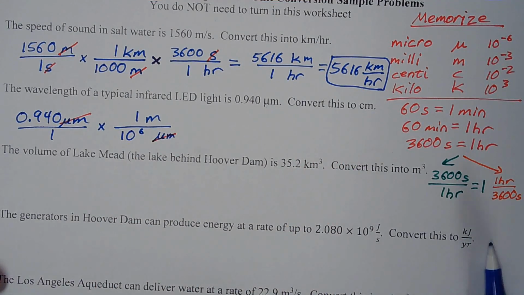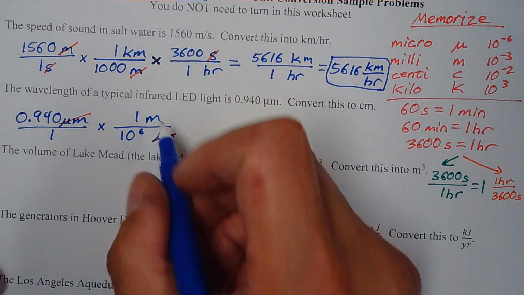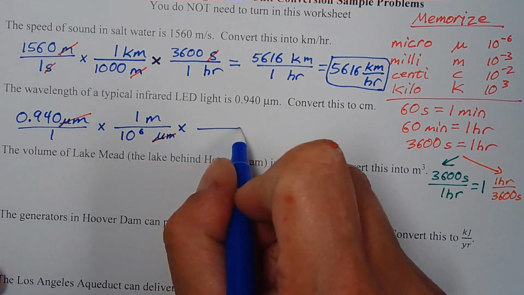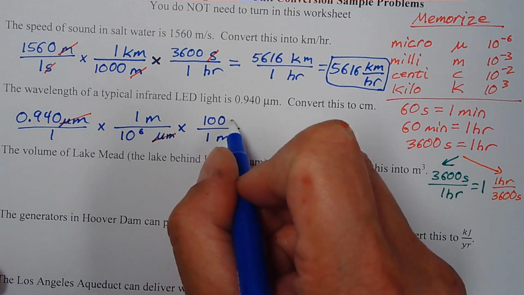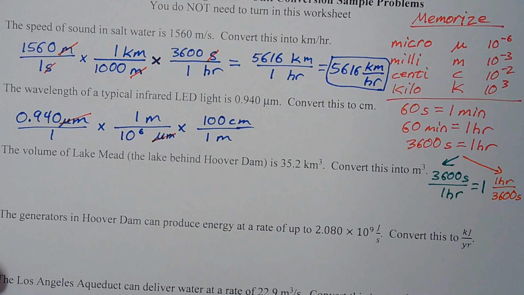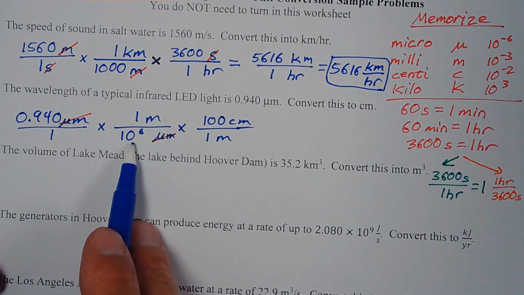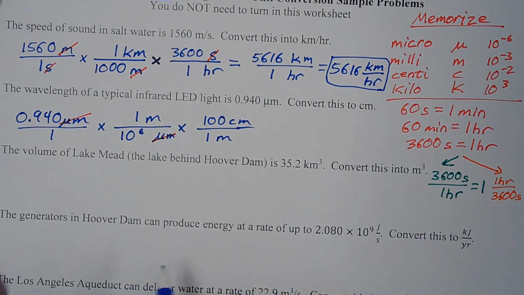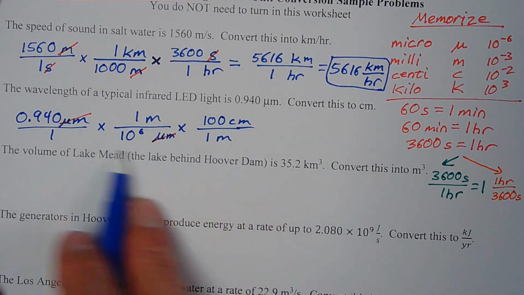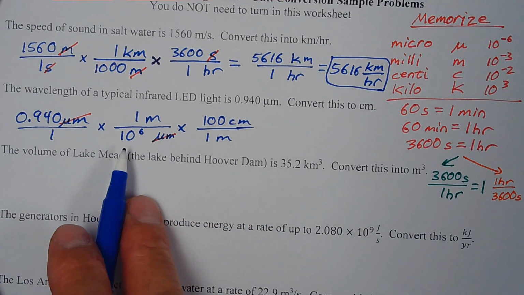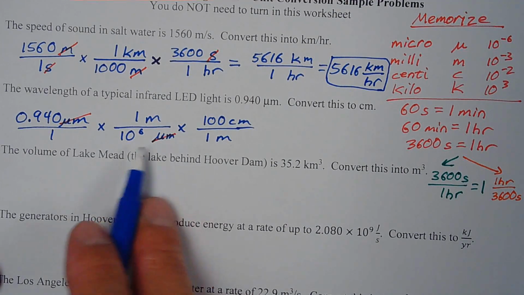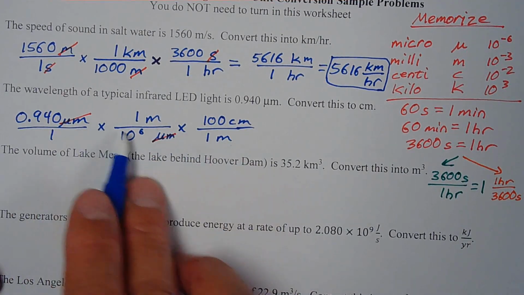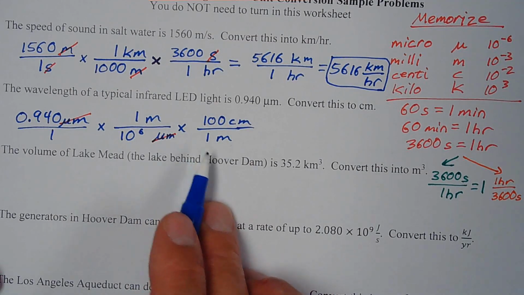We want centimeters. So we got to convert the meters back to centimeters. And there are 100 centimeters in 1 meter. Again, equivalent quantities on top and bottom. Okay. Now, you could get a little fancy and say that there are 10 to the 4th or 10,000 micrometers in 1 centimeter, and that would limit you to just one conversion factor.